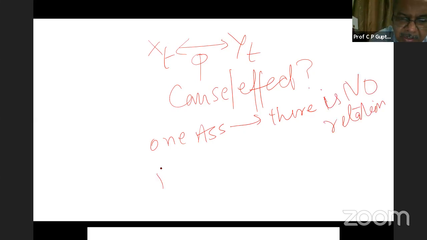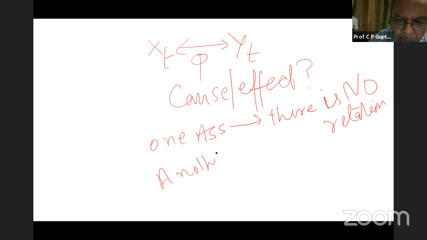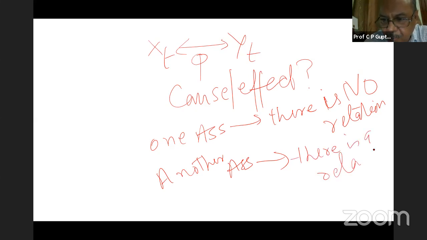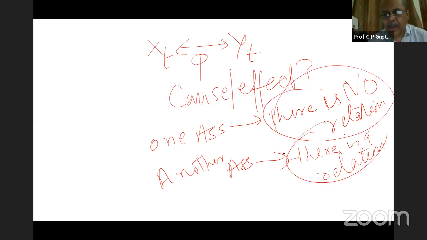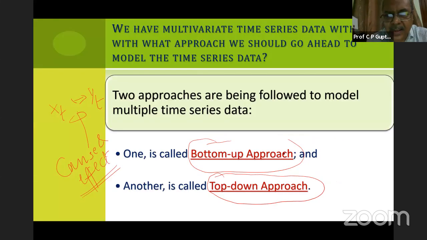Another assumption is that there is a relation. And then you test accordingly. So these are the two ways through which you can proceed in testing cause and effect relation between the variables. Accordingly we get two approaches, bottom-up approach and top-down approach.